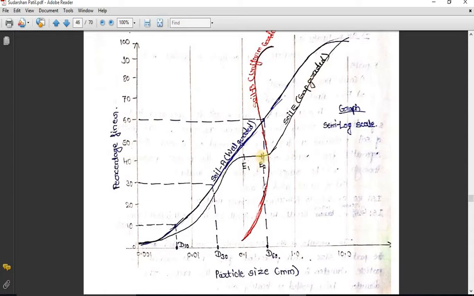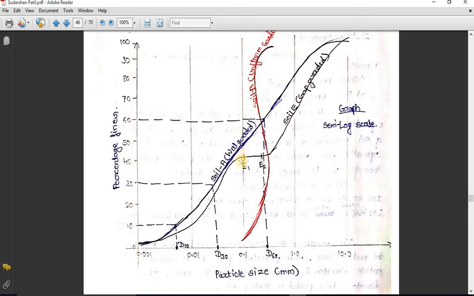Another one you can see, the black line, is gap graded. Why do we call it gap graded? Because you can see I have marked 2 points, that is E1 and E2. In between this E1 and E2 only size increases, but there is no increase in percentage finer.